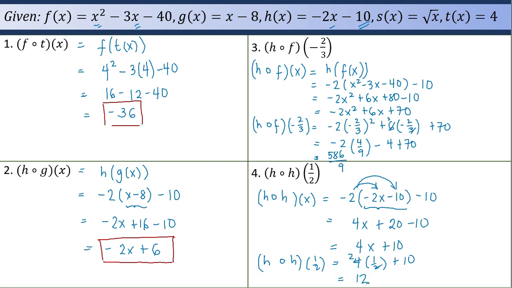Therefore, our answer is 12. Okay? So let me just box the answer in number 3. Okay, there you go. We are done discussing addition, subtraction, multiplication, division, and composition of functions.